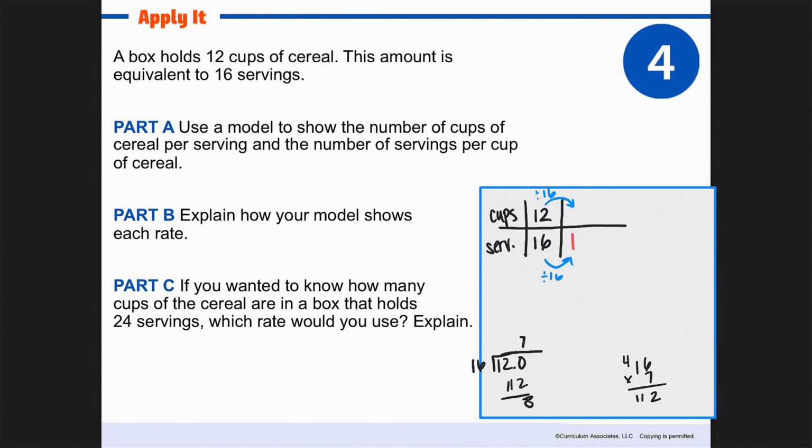And I know 16 goes into 80 5 times, so that's 0.75. So I know there's 0.75 cups for every one serving. Okay, now we can do the same thing to find out the servings per cup. So I'm just going to do a quick little table here.